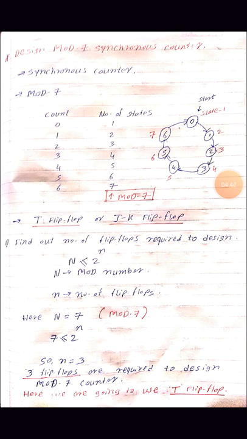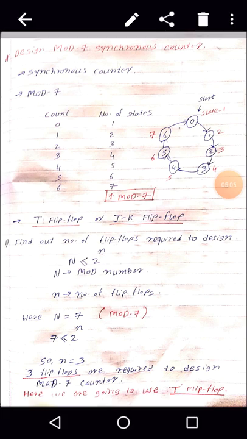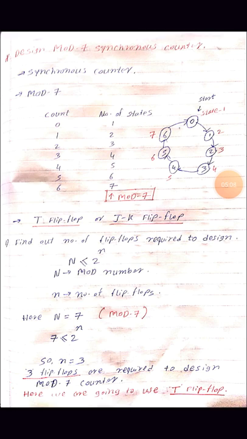I will repeat once again. What is here? We have to design a mod 7 synchronous counter. Mod 7 means there are 7 different states, 1 to 7, these are the 7 different states, as shown in a diagram, and it will count less than that mod number. Here the mod number is 7, it will count 0 to 6.